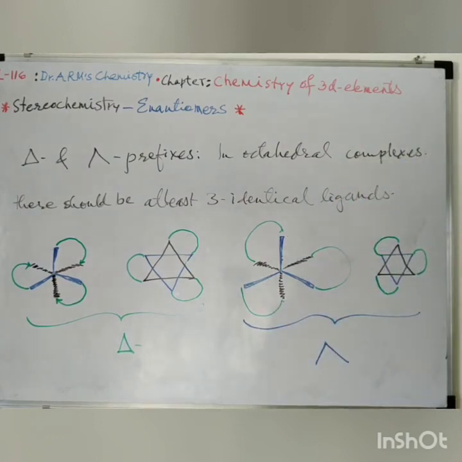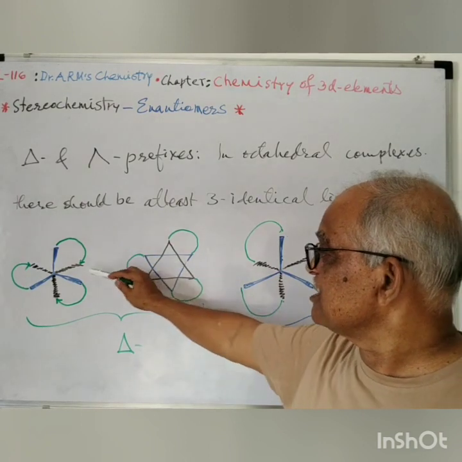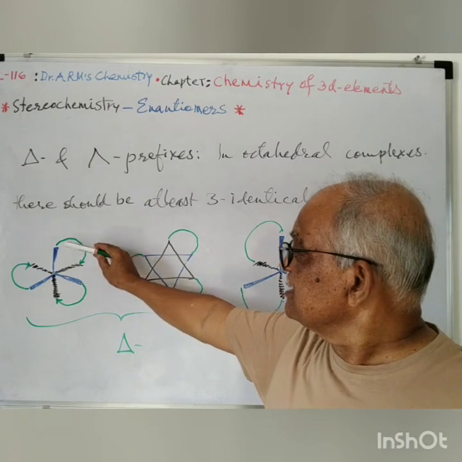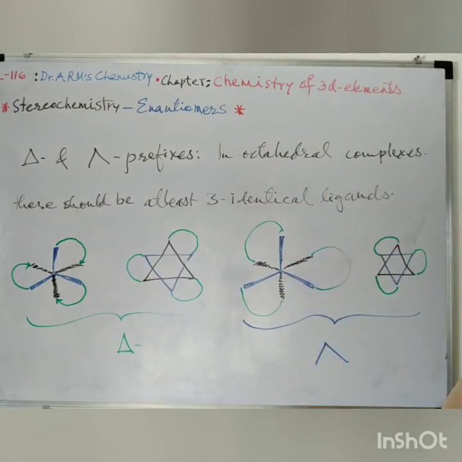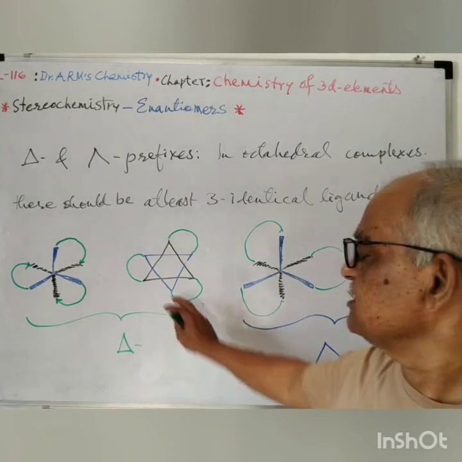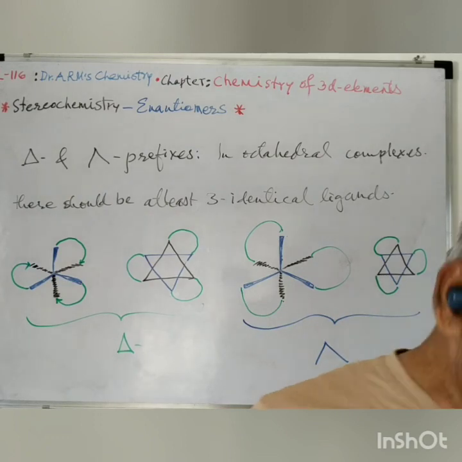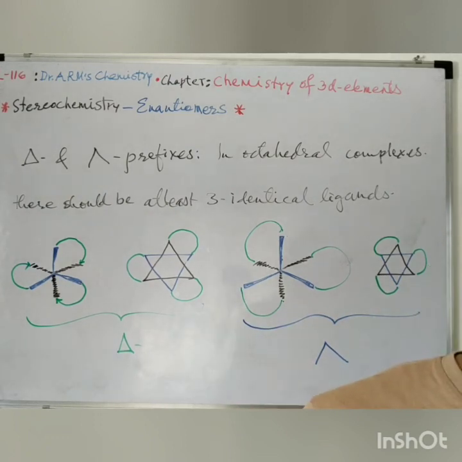Or in other words, we can say right-handedness means the linkage is right-handed, and here it is left-handedness, and therefore the name is shown in this way. So these are showing right or left-handed ligands.